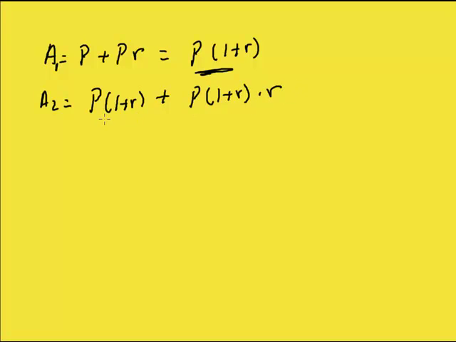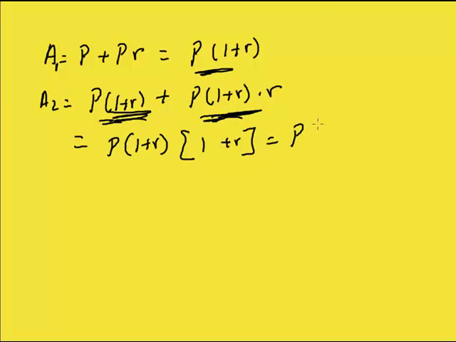Now if you notice, this and this can be factored out, so let's factor it out. So P times 1 plus R can be factored out. That will leave us in the bracket, in the first one to be 1, and then in the second half I'm going to have R, so 1 plus R, which simplifies to P times 1 plus R to the second. Now, at the end of the second year, you're going to have P times 1 plus R to the second.